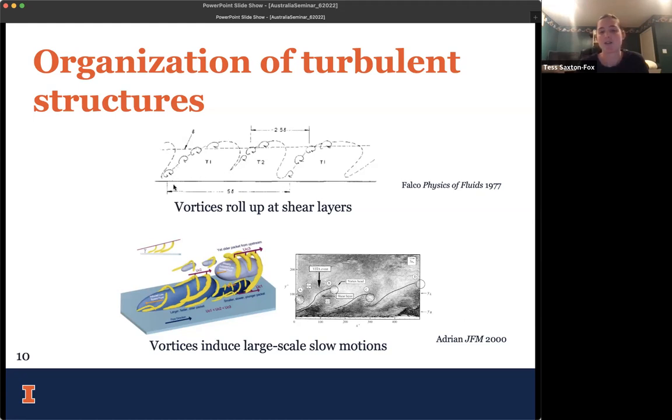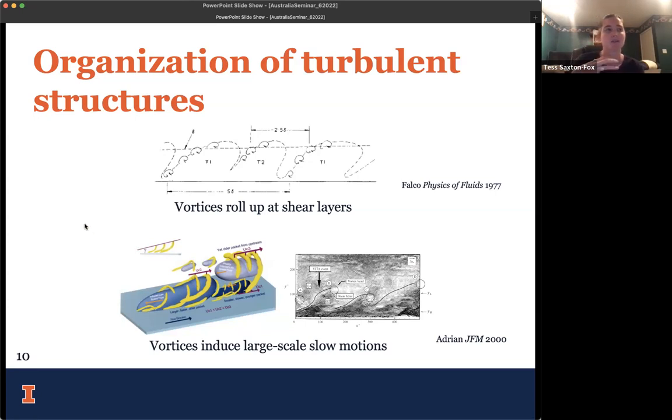And there was this hypothesis that the mechanism there was that the vortices rolled up at the shear layer on these large-scale bulges. Adrian in 2000 saw or hypothesized this hairpin packet idea where these yellow worms are vortices, and the mechanism suggested was that they induce large-scale slow motion below or within the hairpin legs.